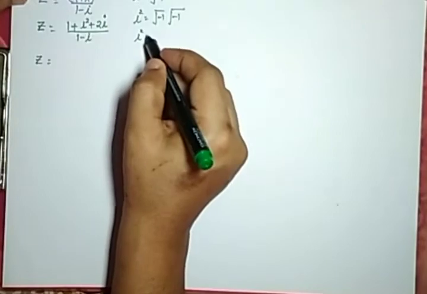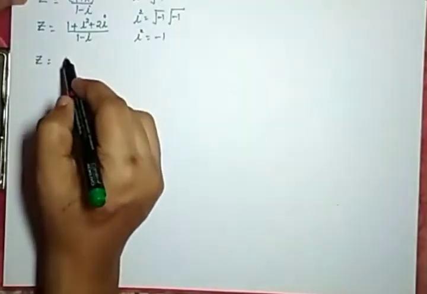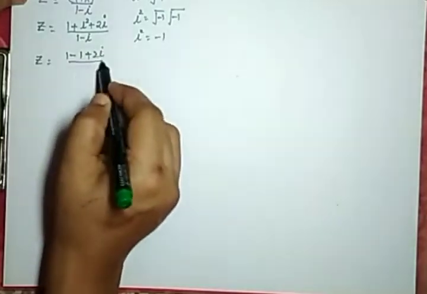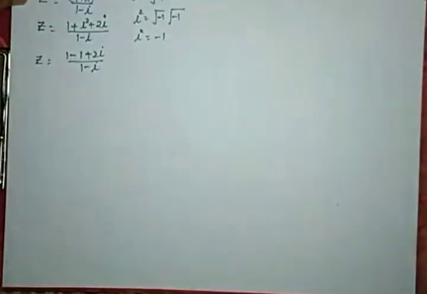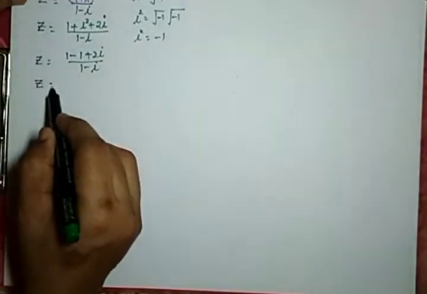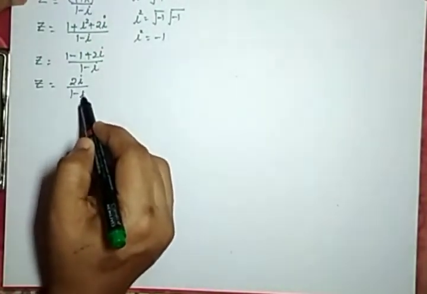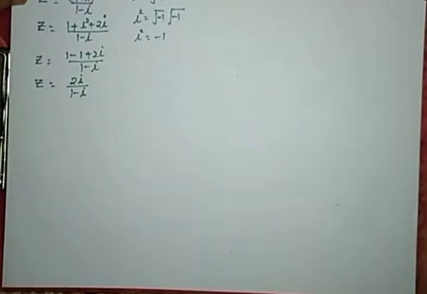So iota square will be minus 1. Substitute this value here, plus 2 iota upon 1 minus iota. So now you can write z is equals to 2 iota upon 1 minus iota. Still it is not in the desired form x plus iota y.